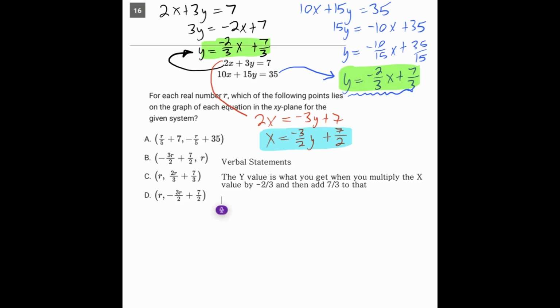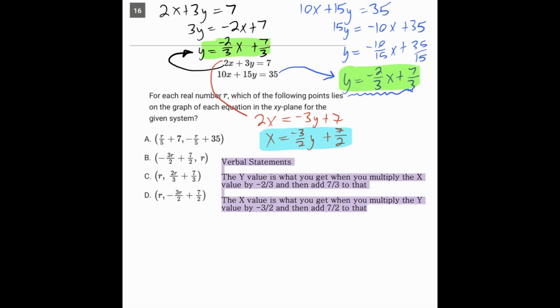The x value is what you get when you multiply the y value by negative 3/2 and then add 7/2 to that. So what we have right here are two verbal statements, two times where we got one of the variables by themselves and then spoke out the words of what that really looks like.